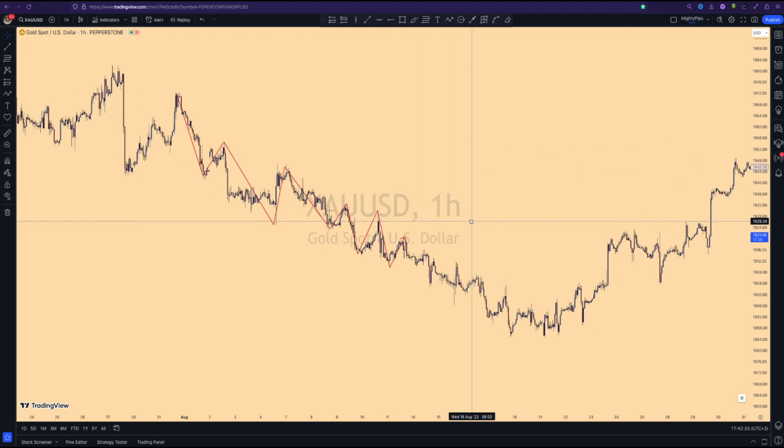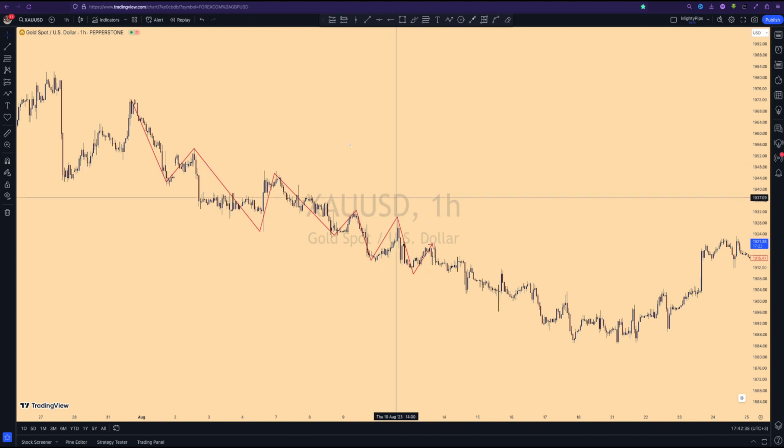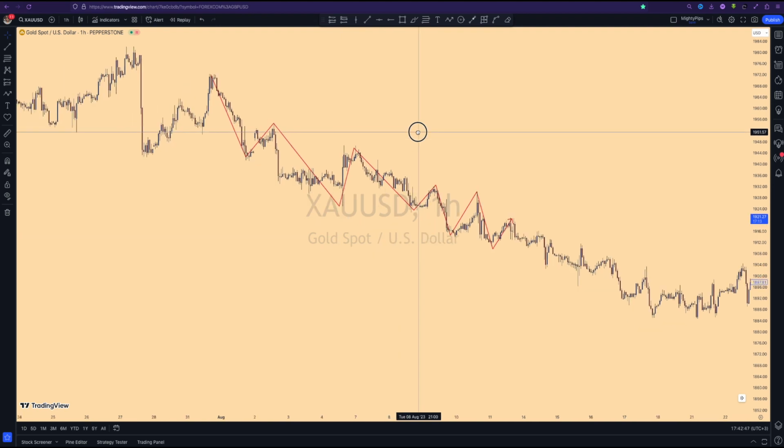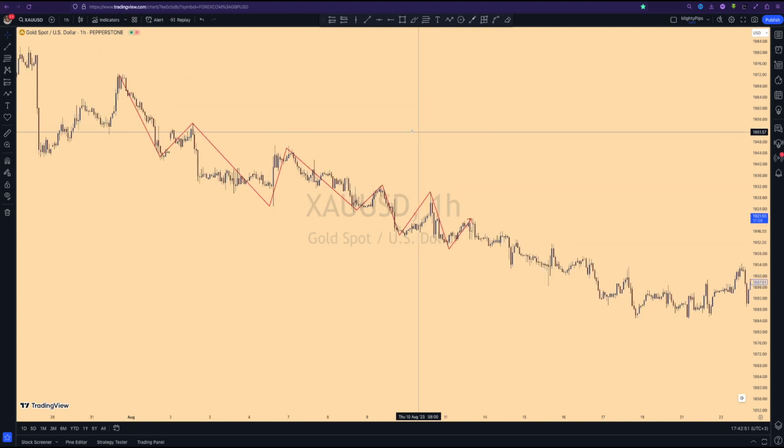This is market structure, and there's nothing wrong with this. But if you do this, please do it on a higher time frame, depending on which kind of trader you are or what type of trades you're going to take. If you're going to be a day trader, holding your trades for just one day or a few hours, or if you're going to scalp, consider using the 1 hour chart or the 4 hour chart as your higher time frame.